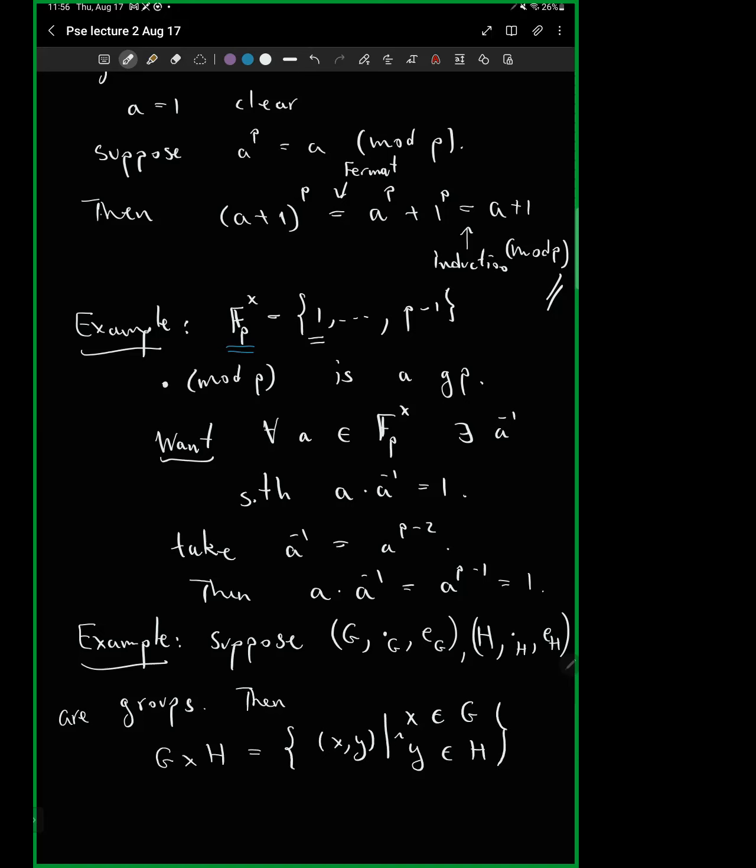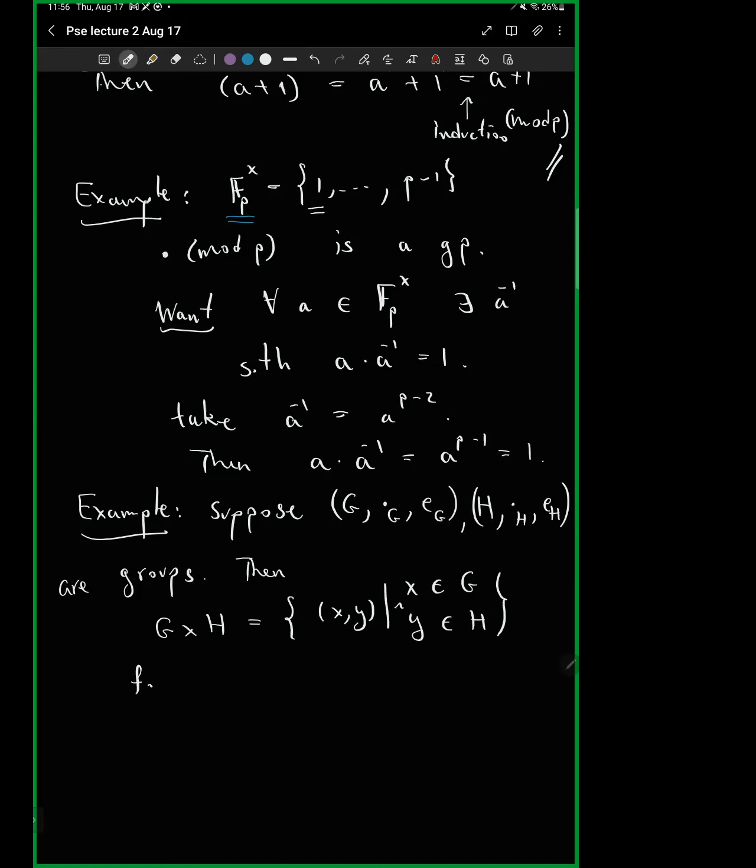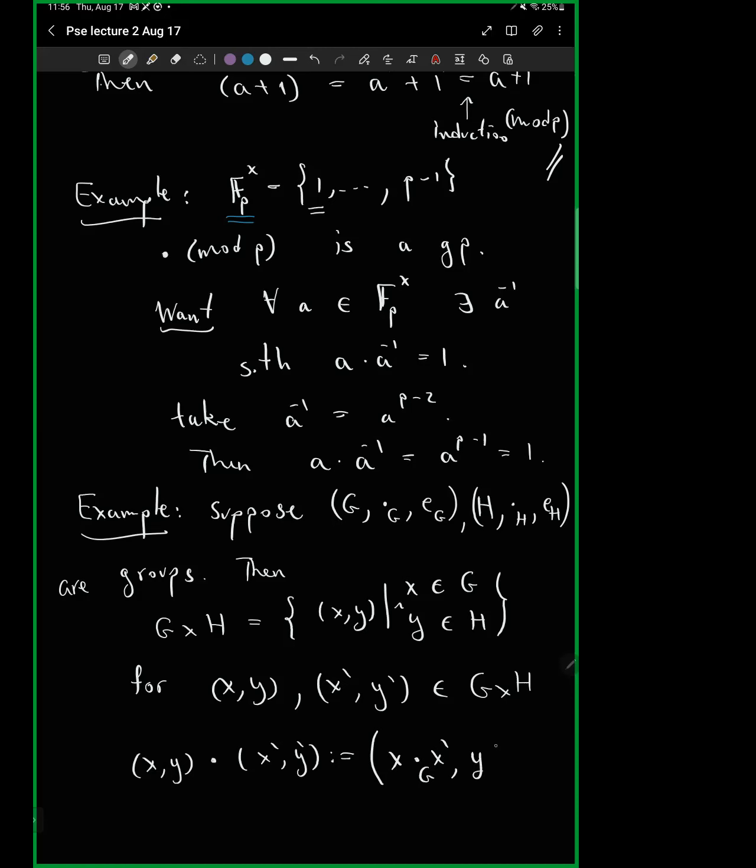For X, Y, and X prime, Y prime in G times H, I define XY operation X prime, Y prime to be X operation in G X prime, Y operation in H Y prime.